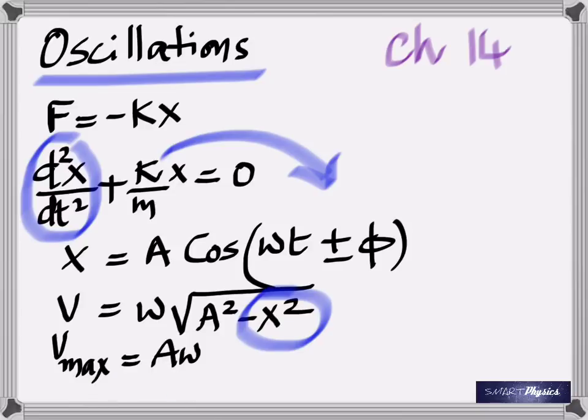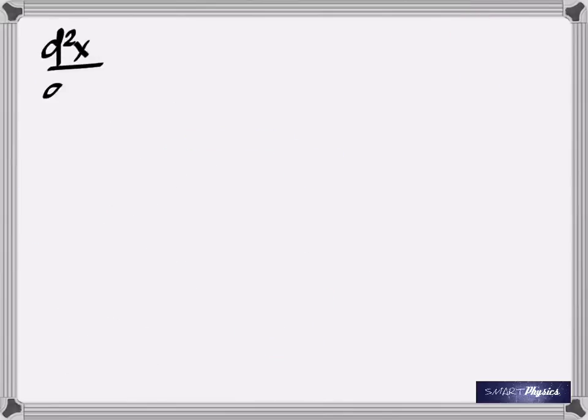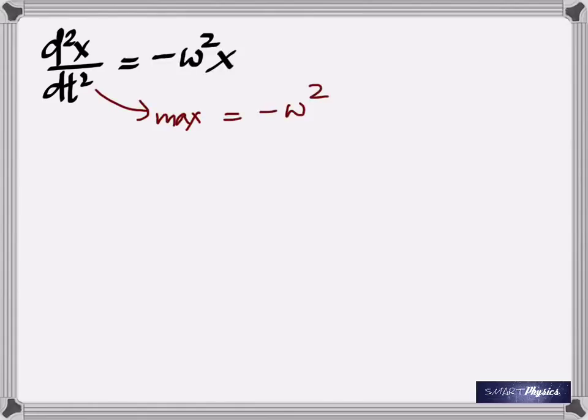So remember that. So that's chapter 14. Some more to come, I'm sure. Again, acceleration is this, and I had written that before. The maximum value of that would be minus omega squared a, because x becomes a, this becomes maximum. So if you're asked for maximum value of acceleration, that's the formula.